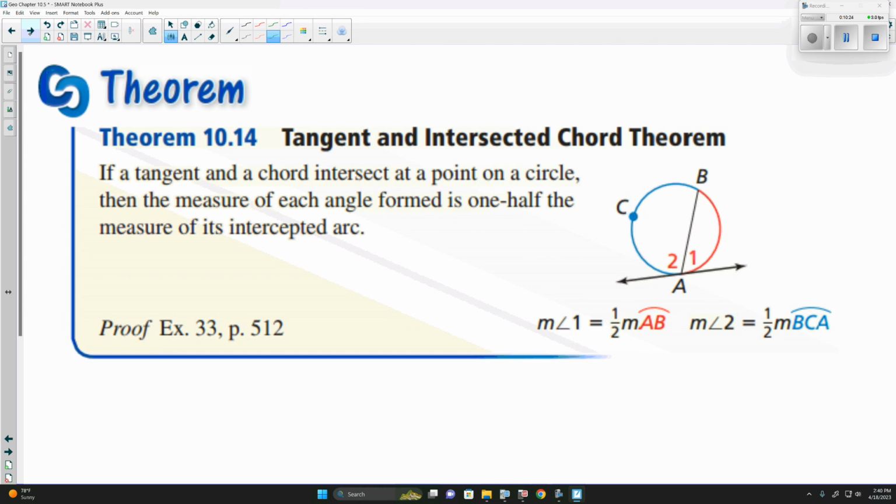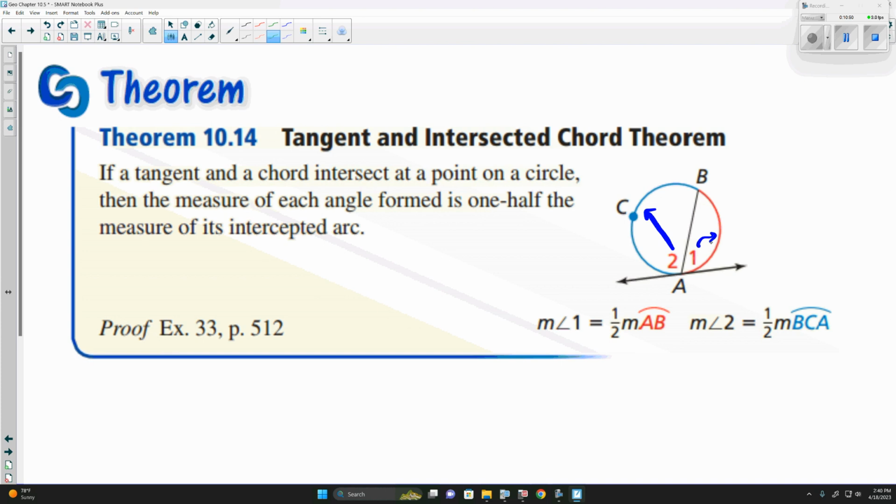So if we have a tangent line that intersects at one point, and we have an angle, then its angle measure is going to be equal to 1/2 the measure of the arc. So angle 2 here is 1/2 the measure of arc ACB, and angle 1 is equal to 1/2 the measure of arc AB. That's it.